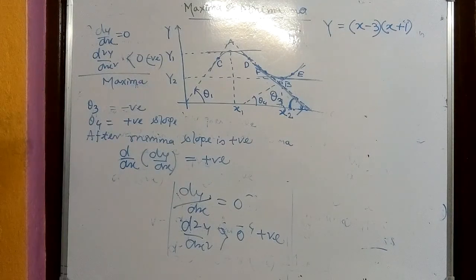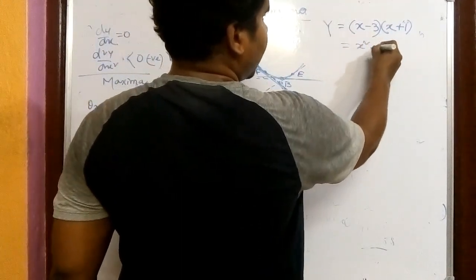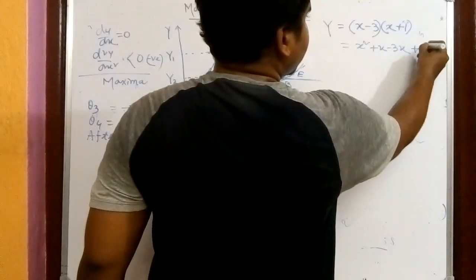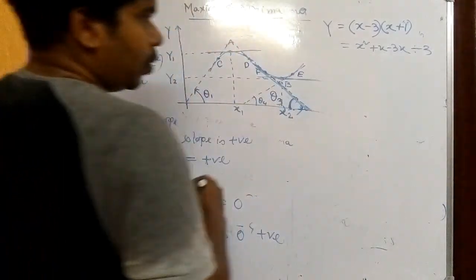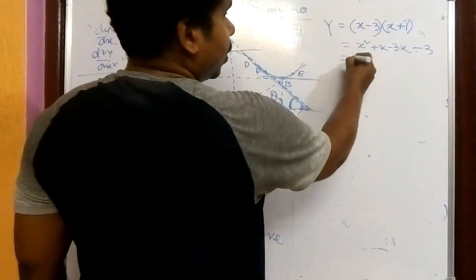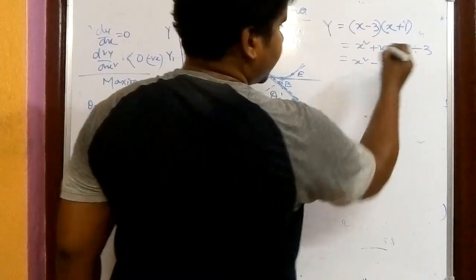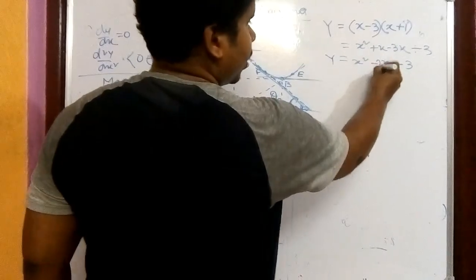Just multiply it: x square plus x minus 3x minus 3. Now x square minus 2x minus 3 is the value of y.